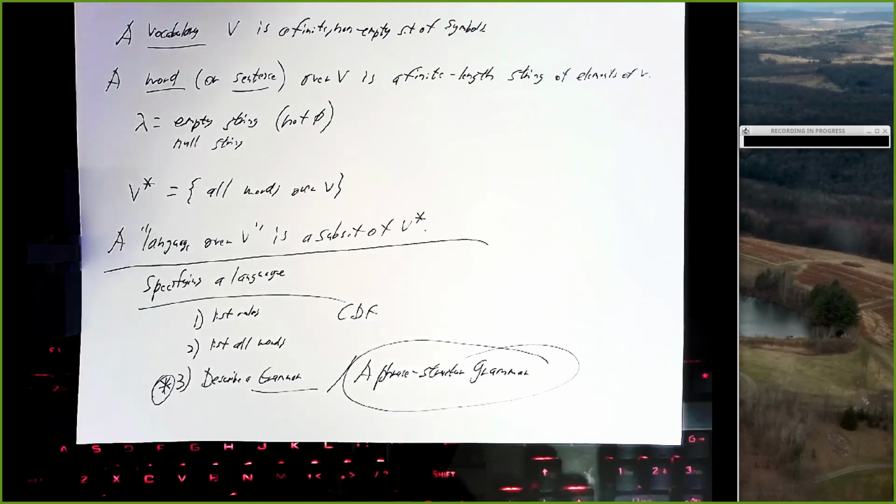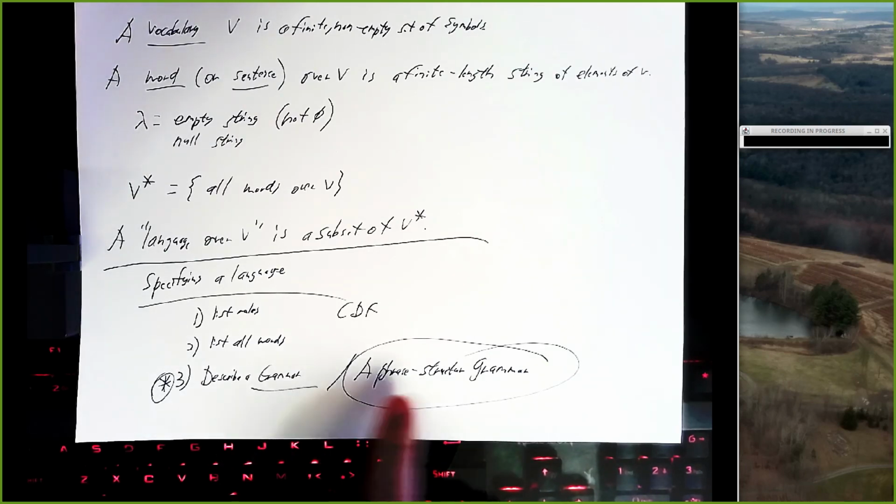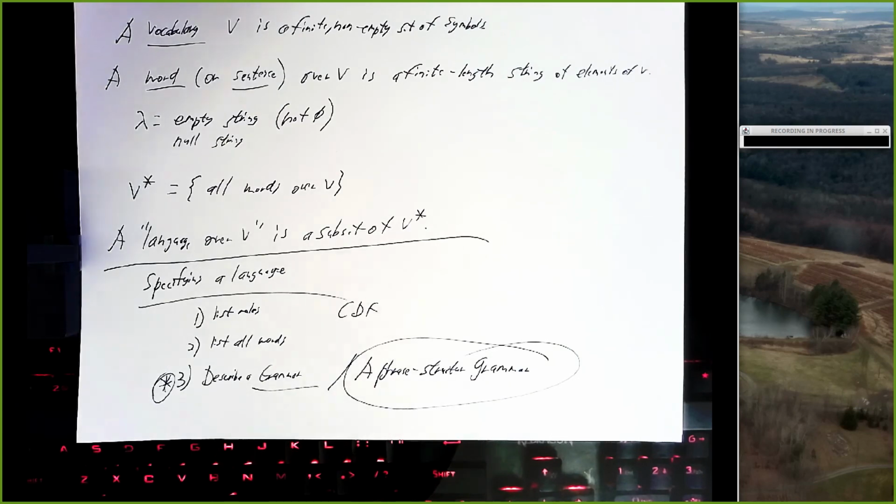We're going to do analysis and synthesis. And the first part of this will be analyzing some phrase structure grammars to see what they represent. And then the second part will be trying to synthesize, trying to come up with phrase structure grammars that satisfy certain criteria. And so we'll do that for a bit.